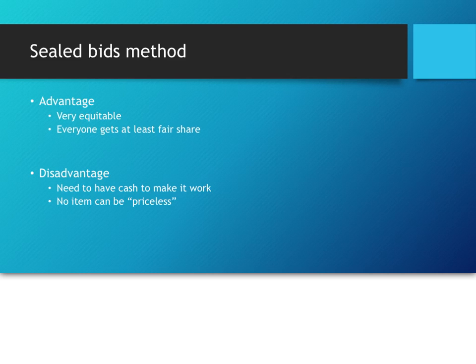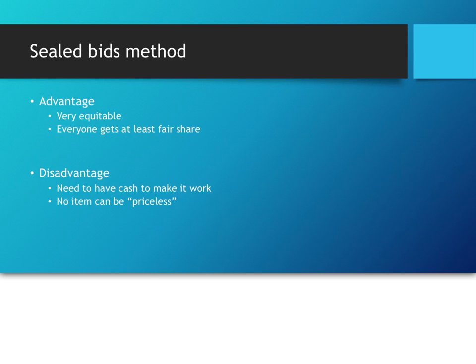Based on the way the pot works and based on the way the valuation works, everybody's going to get their fair share as they see it. They're going to get at least 1/3, plus they're going to get whatever was in the pot, or this little extra amount that's in the pot. Okay, so it's very equitable and very good, and it applies in a lot of places. It's probably one of the best methods for actually doing this, the inheritance thing.